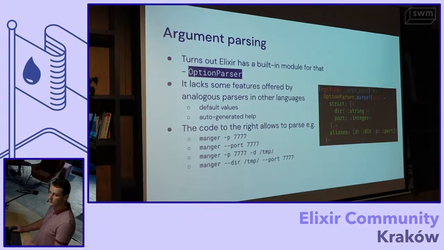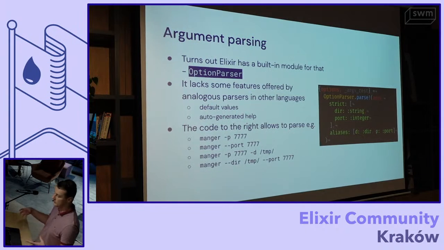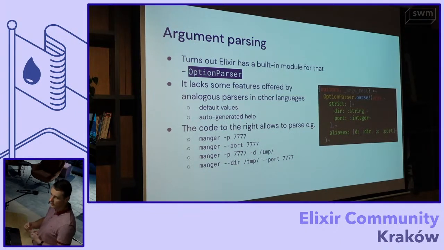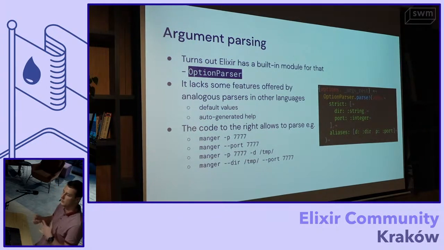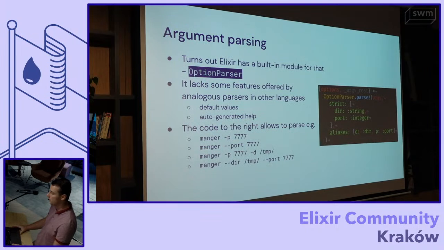Another thing is that usually in other languages the parser accepts a big set of options: the short name, the long name of the option, the type, the default value if it's available, and the description. And out of that, the parsers usually generate the help, which is automatically added.